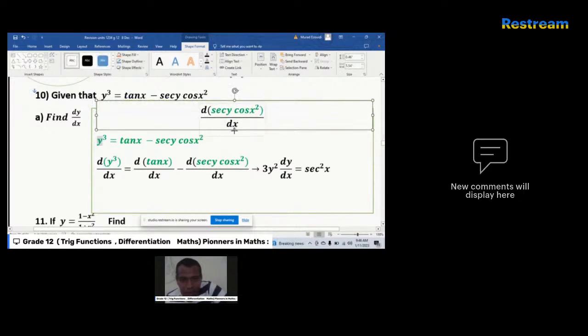I will differentiate this, means I will differentiate this first. This is the product rule.